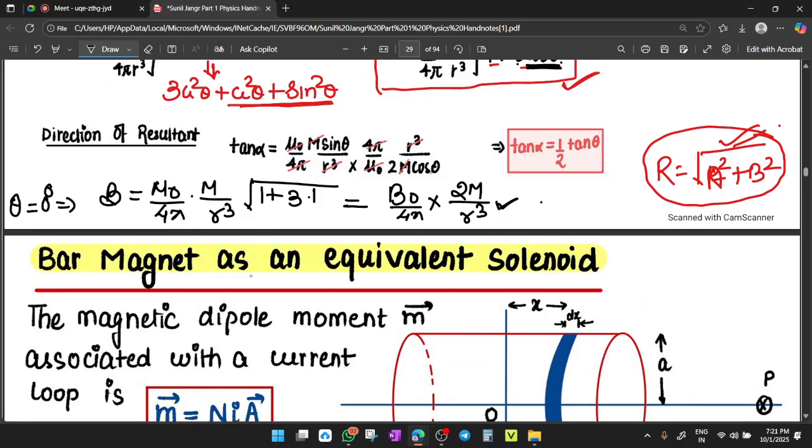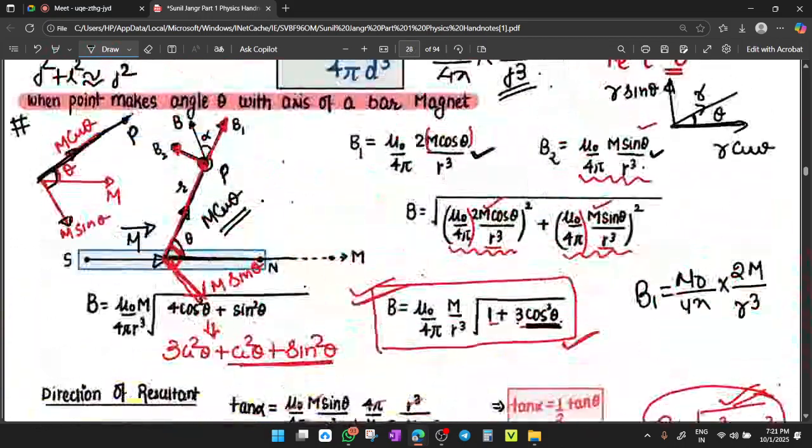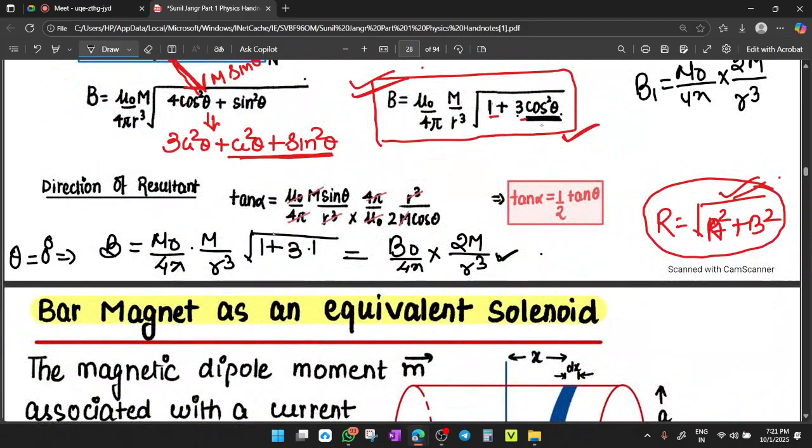Any problem? Now if you take 90 degree, for the perfectly equatorial condition, your angle will be equal to 90 degree. So put 90 here. Cos 90 will become 0. So the formula will be mu naught upon 4 pi, m upon r cube.